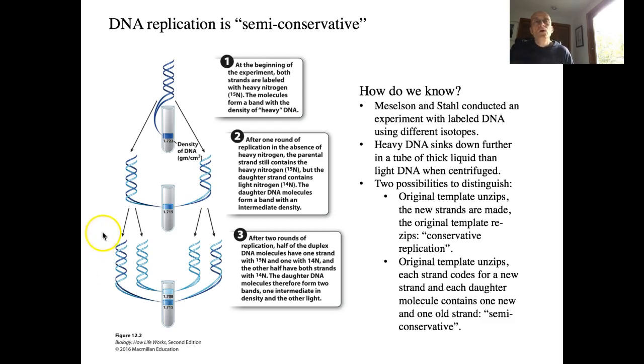And so what was done in this landmark experiment by Meselson and Stahl is that they used a technique where they added what's called heavy nucleotides or heavy isotopes. So they used isotopes, and you might remember from the beginning of the semester that isotopes have additional neutrons in their nucleus.